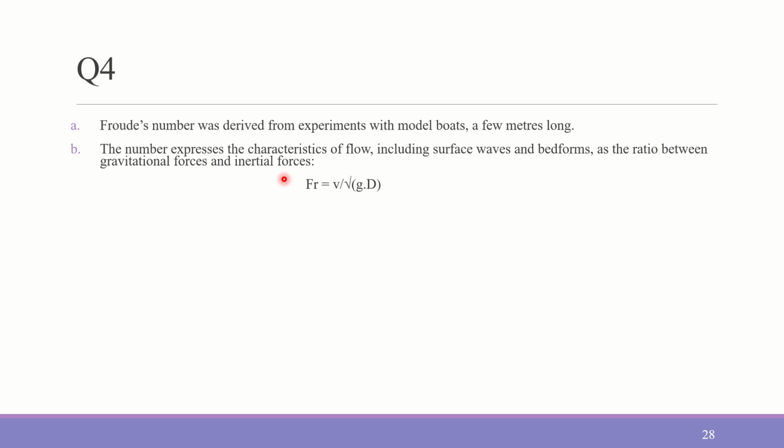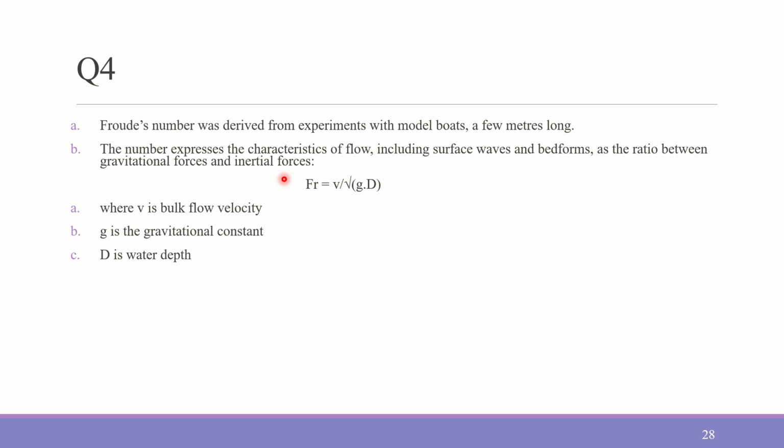The Froude number Fr is equal to V by square root of G into D. In this expression, V is the bulk flow velocity, G is the gravitational constant, and D is the water depth.